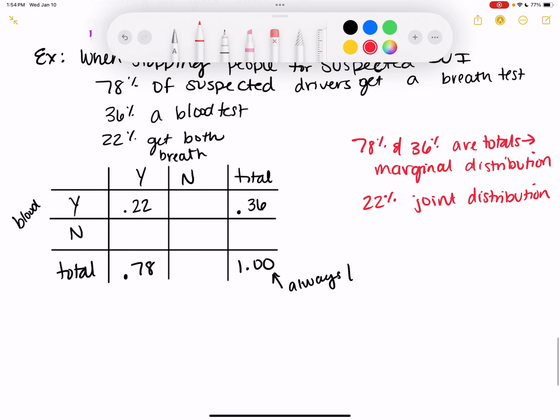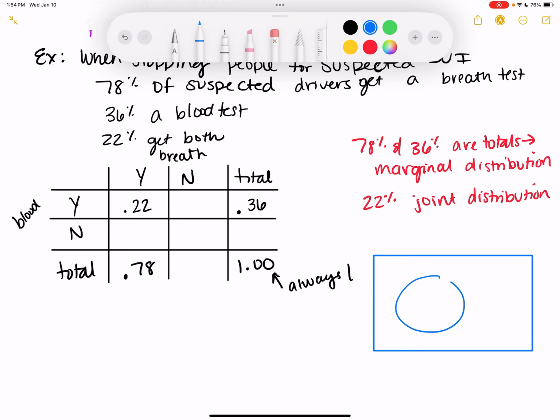So I'm going to go ahead and set up a little Venn diagram over here. So we're going to do blood, breath, and then this middle region is going to be both.